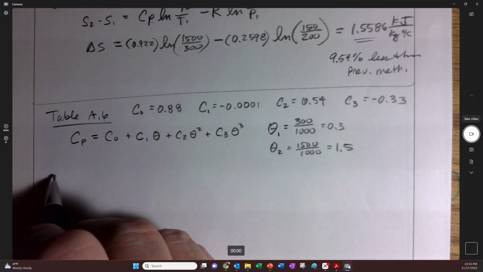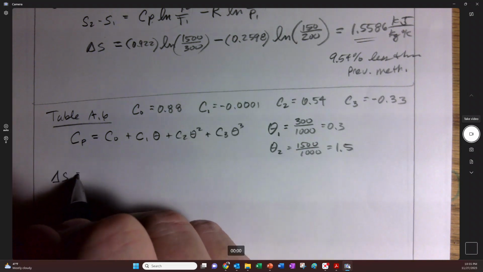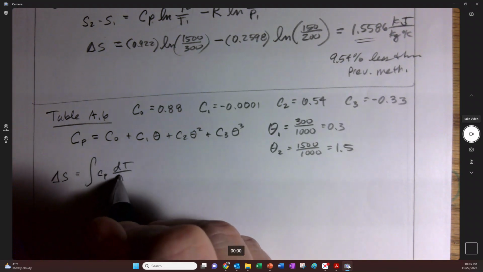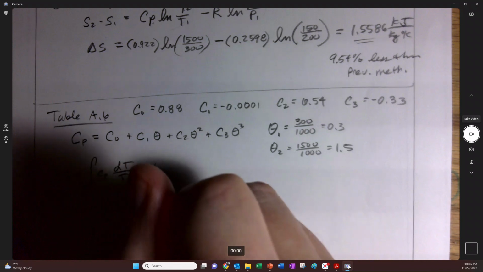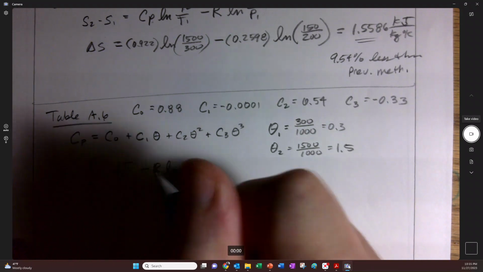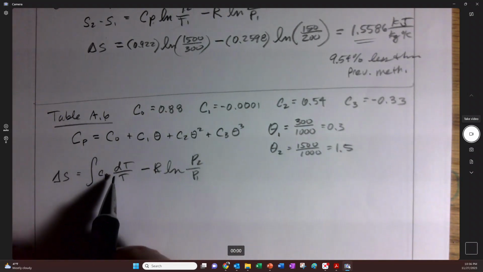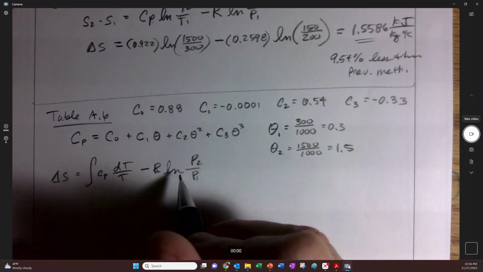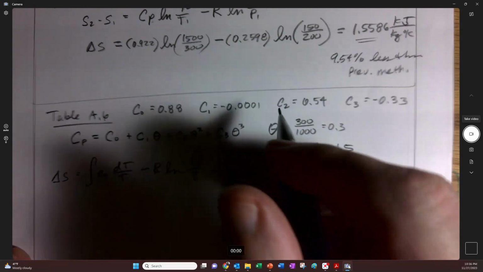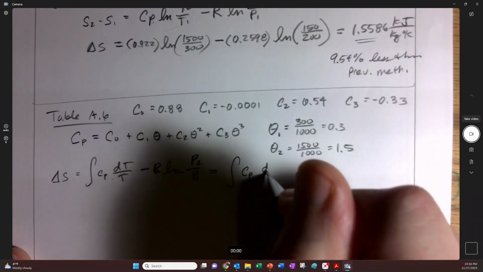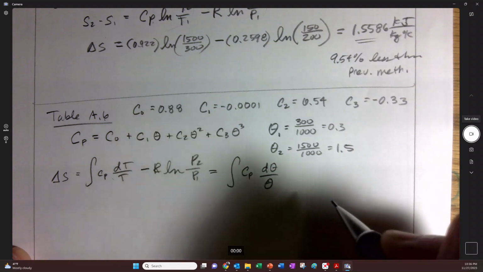Our delta S is going to be equal to the integral of Cp dT over T minus R ln P2 over P1. Notably, this can also be written as Cp d theta over theta, right?